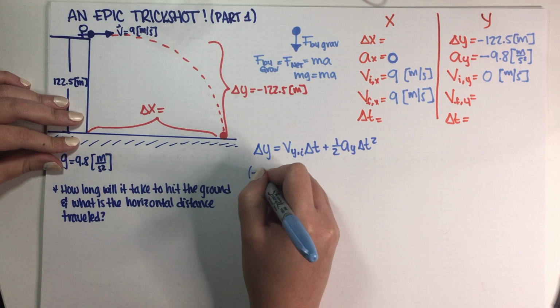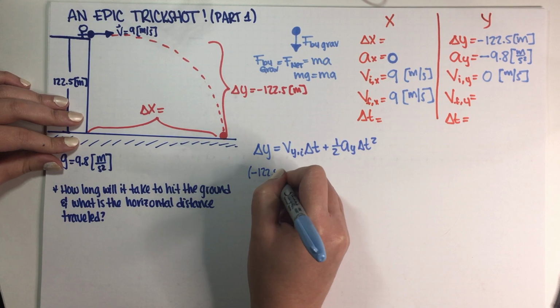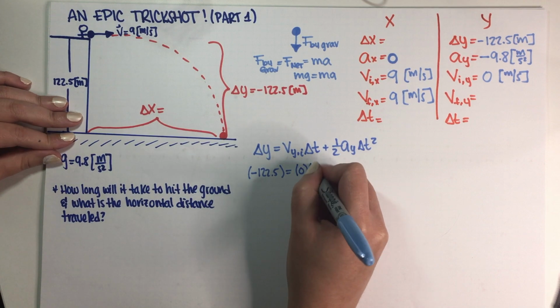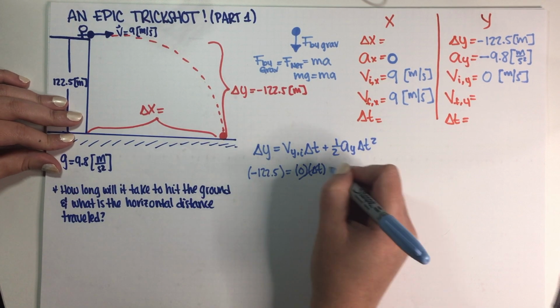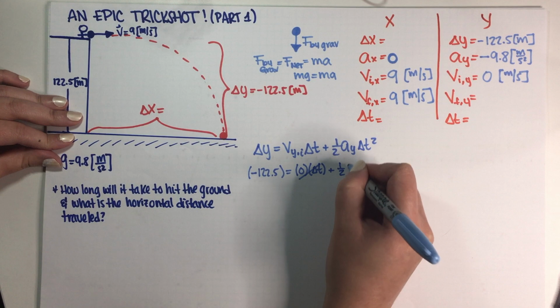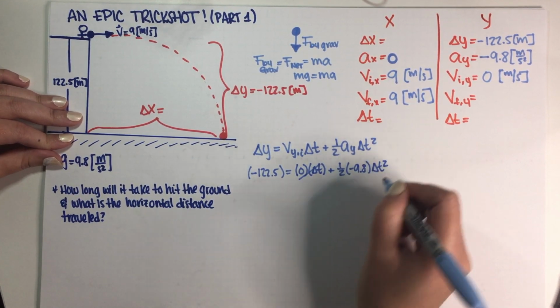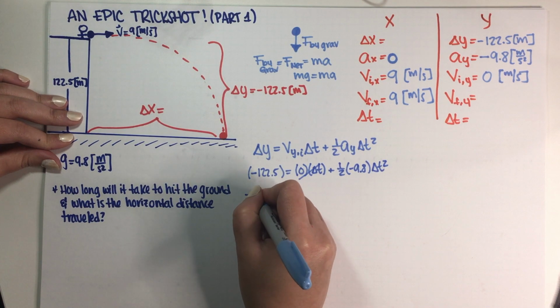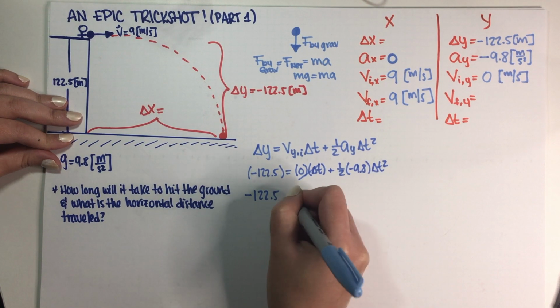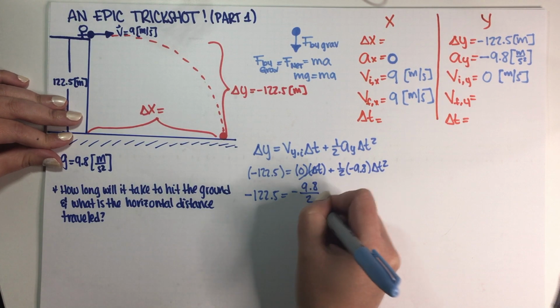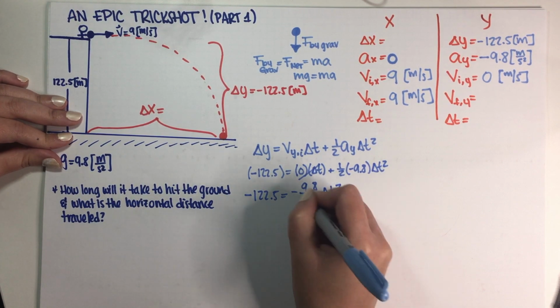So this is negative 122.5. This is equal to 0 times delta t, which cancels out, plus 1/2 of negative 9.8 delta t squared. So negative 122.5 is equal to negative 9.8 divided by 2 times delta t squared.